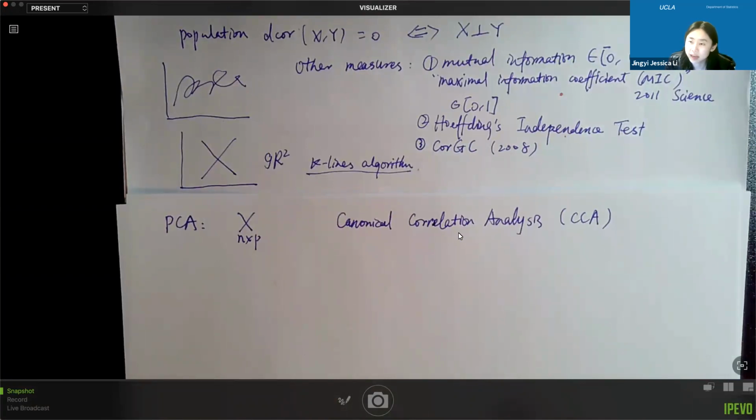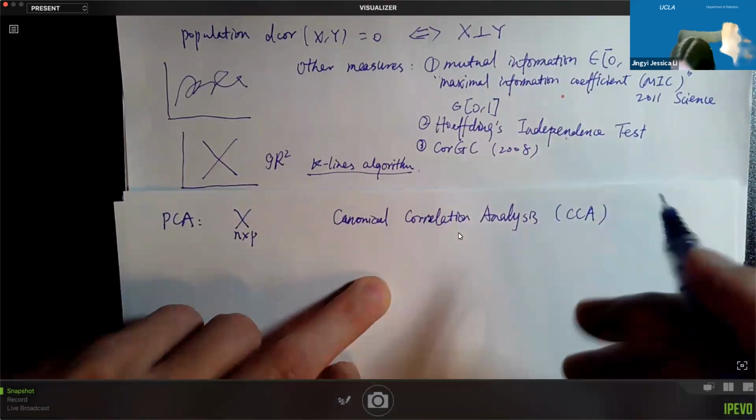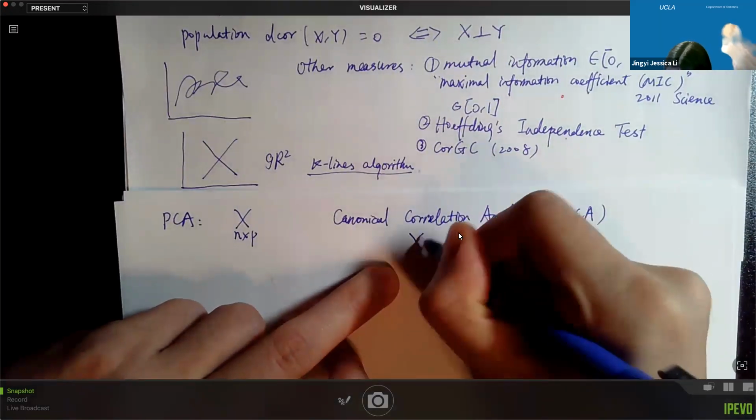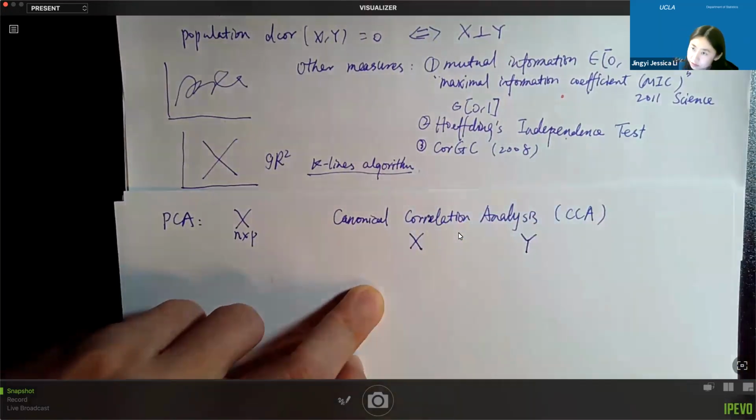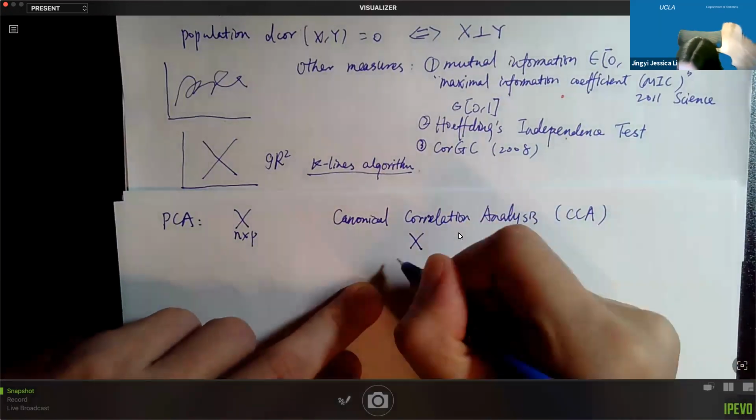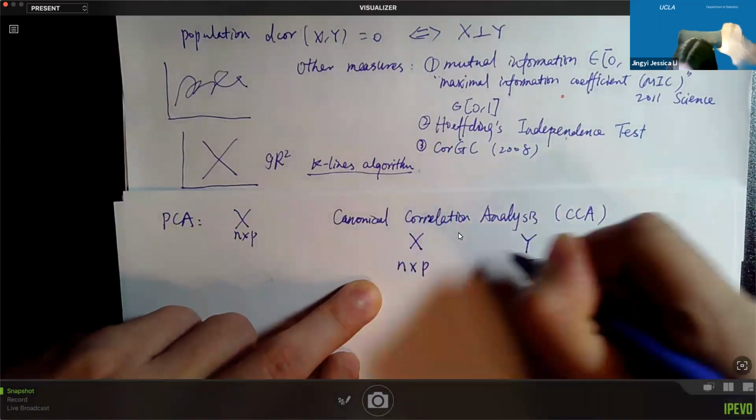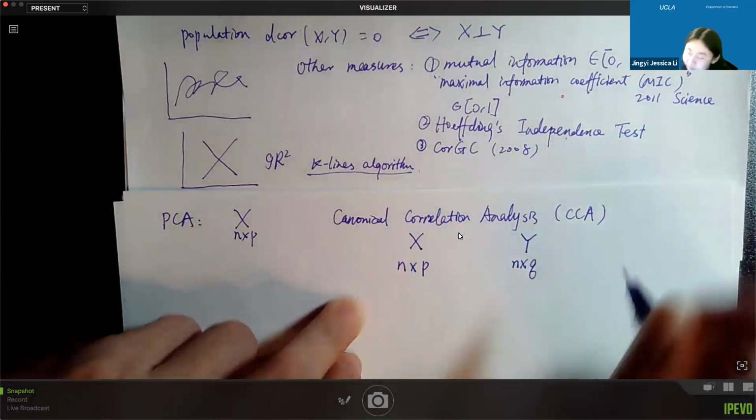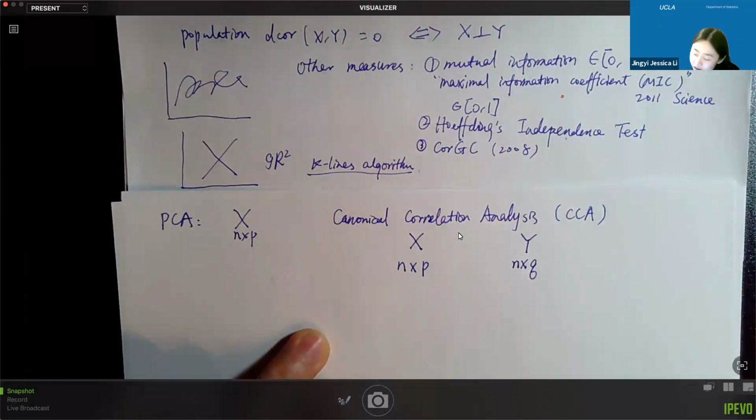In the Seurat package, it has a functionality for aligning cells of different batches. And the core of that alignment is CCA. What CCA aims to do is to take care of two matrices, X and Y. Their rows must be matched, the same n rows. Let's say X is n by p and Y is n by q, and it tries to calculate the relationship between the two matrices.